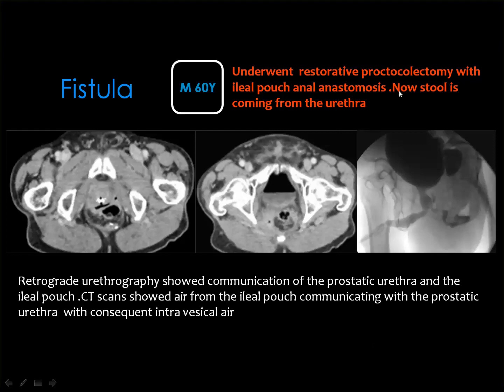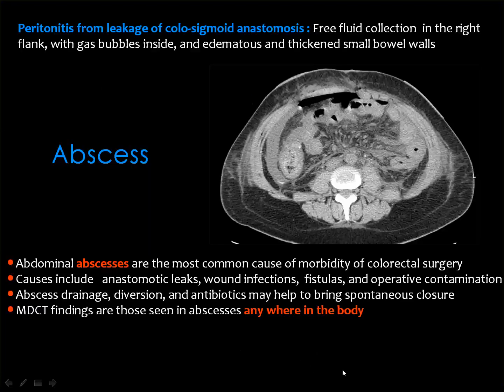Then the patient is passing a stool from the urethra. Injection of contrast through the urethra goes into the rectum and anal canal. And here you can see the accumulation of fluid and gas in the presacral area.